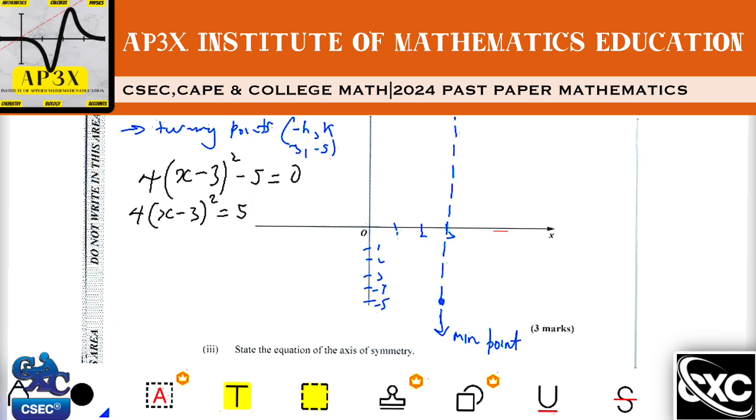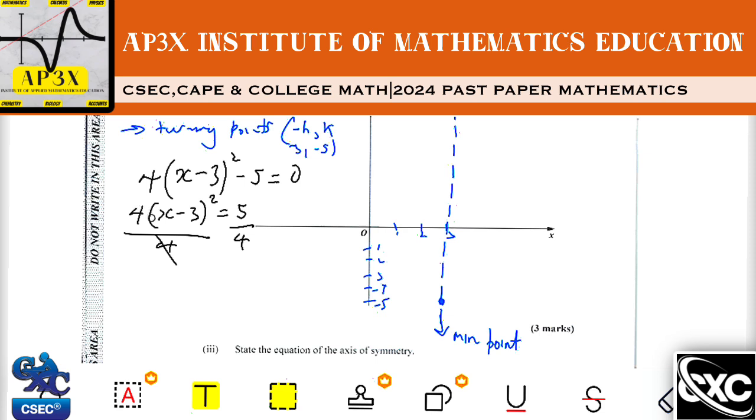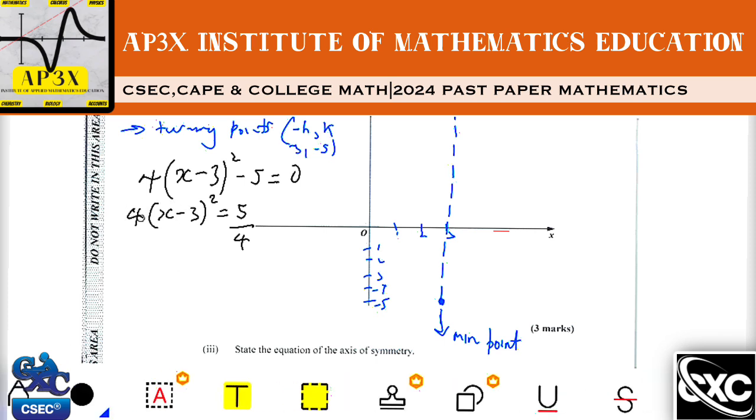And then of course we can divide both sides by 4. So if we divide over here by 4 and divide over here by 4, we know that the 4 will cancel the 4. So we know we're going to end up then with, just give me a sec guys. So when we divide both sides by 4, we know for certain that this 4 is going to disappear.